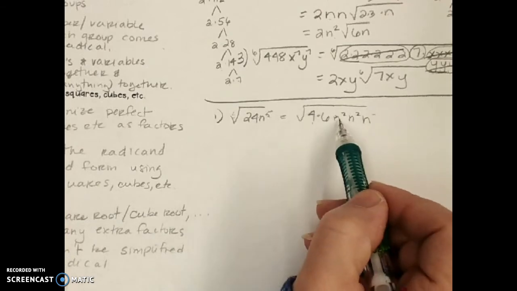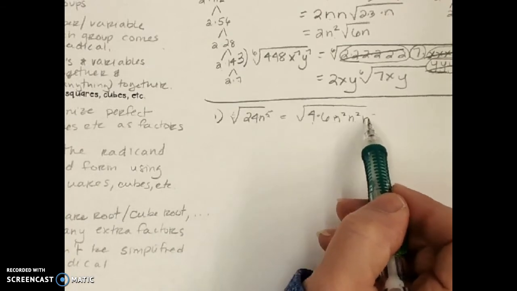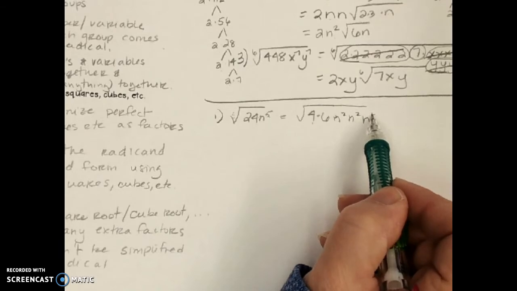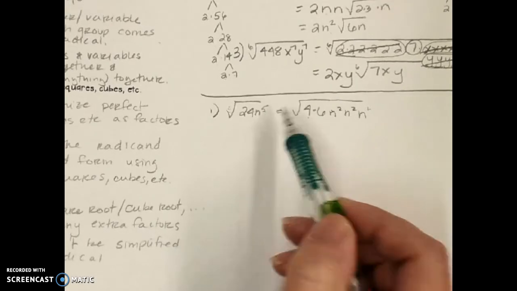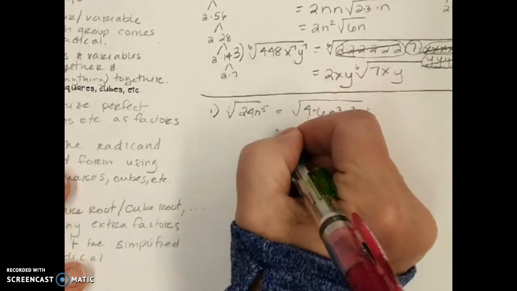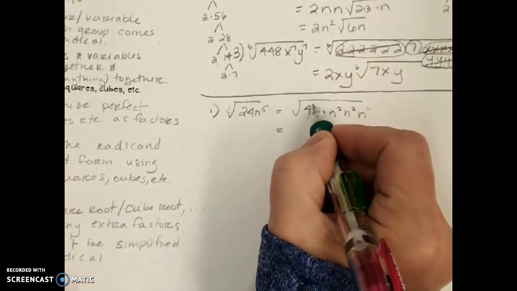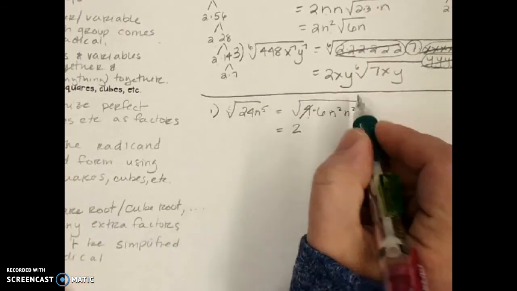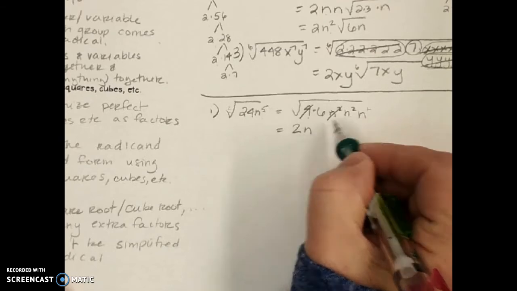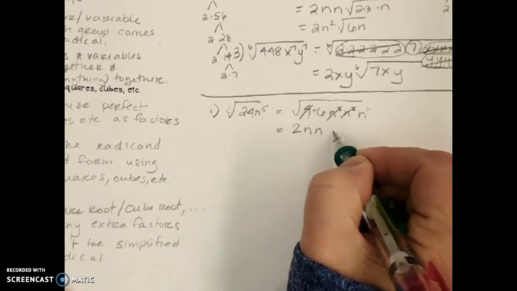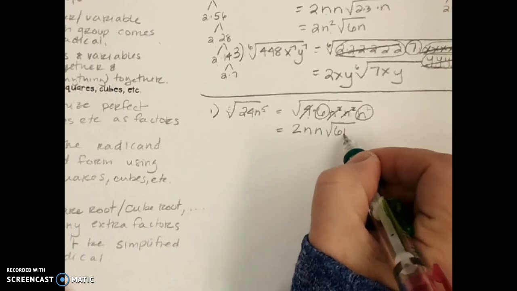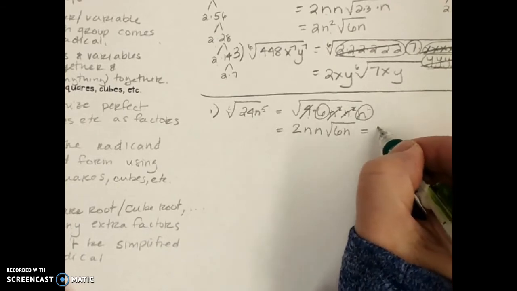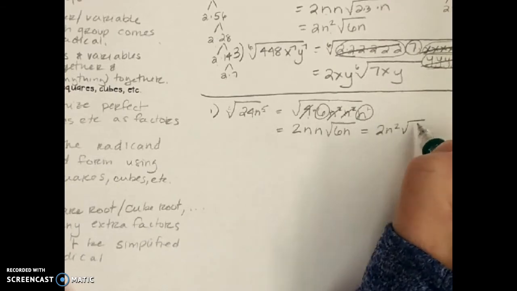Remember, we just did properties where if you multiply like bases, you add the exponents, and that's an understood 1. So there's my n to the 5th, and I just broke it down. So here's what I have. The square root of 4 is 2. The square root of n squared is n. The square root of n squared is n. And that leaves me with these two things still under the radical. So my final answer is 2n squared times the square root of 6n.